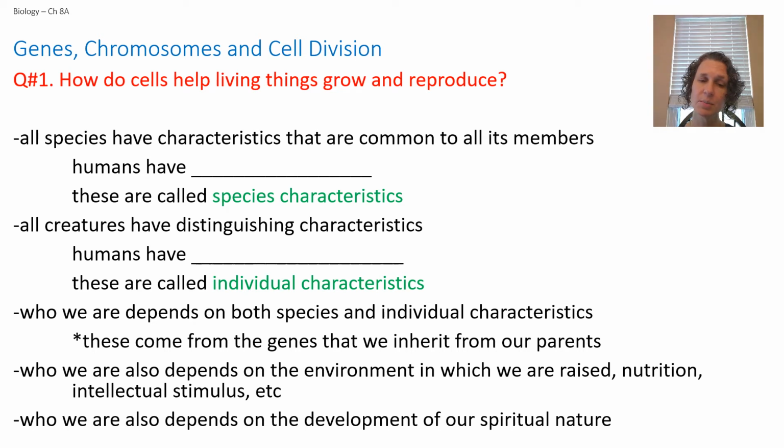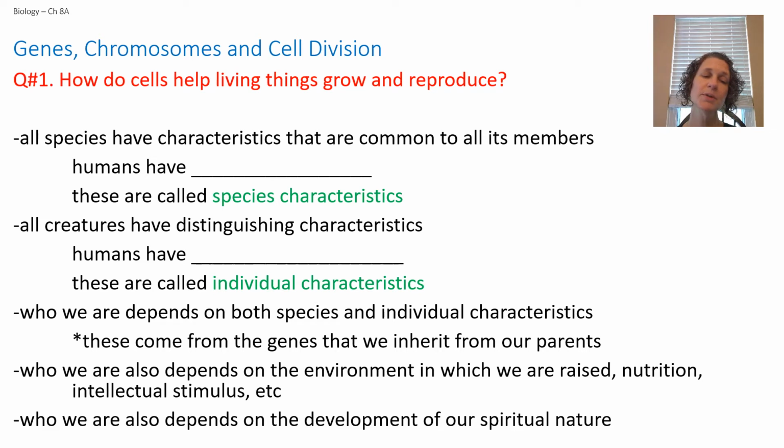Who we are also depends on how we were raised, even before we were born, on the nutrition that was received, on intellectual stimulus. Did you read a lot as a kid? All these different kinds of things go into developing who you are.